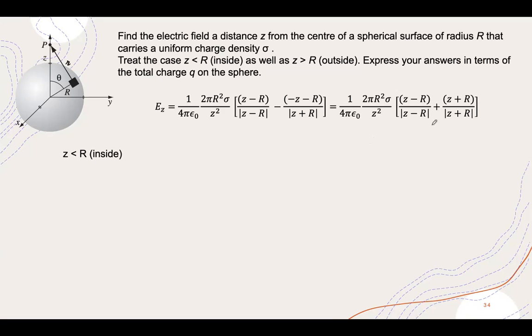So this modulus sign is very important here. Now consider if Z is less than R, then what is going to happen for this modulus sign, and what about the numerator? Any quantity which is less than R is going to give you a negative sign here. And here, obviously, this is a modulus, so Z minus R is going to be some positive quantity.